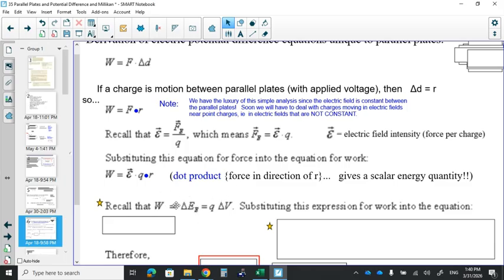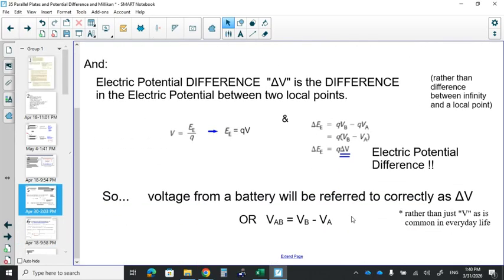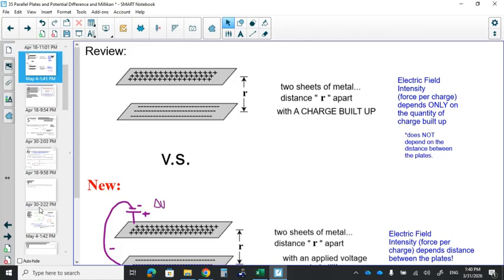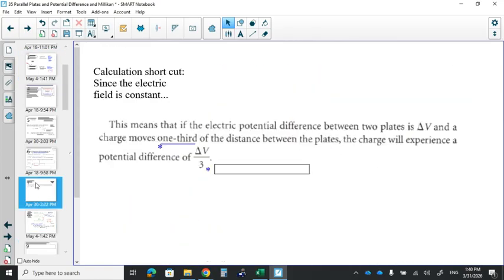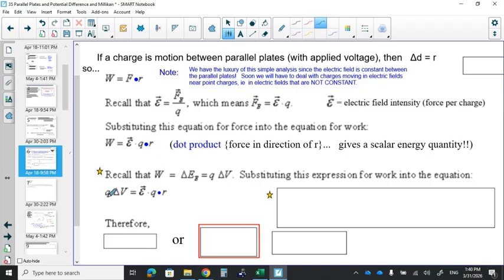So this is that familiar equation of delta V. We just looked at it recently. Here. Yeah. So put those together and you've got this. Notice that the Q's can just cancel out, right? Q and Q.